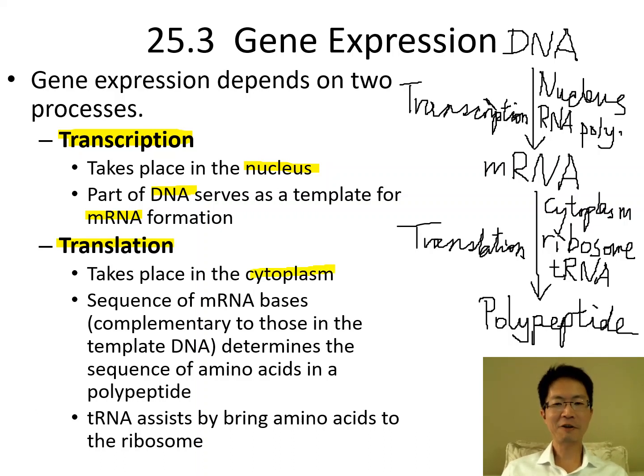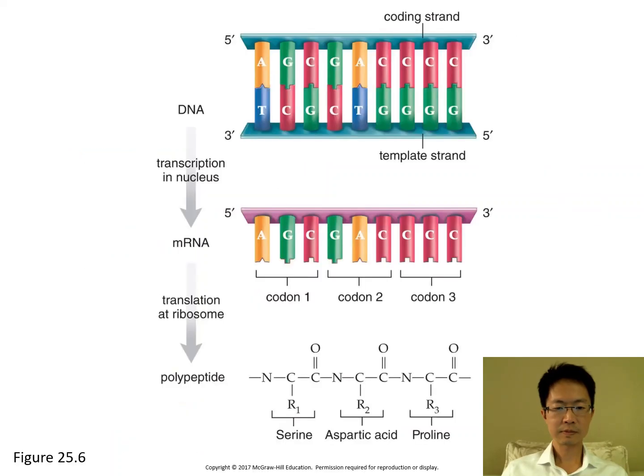It's basically converting messenger RNA into polypeptide. And then you need tRNA and ribosome. So let's take a look.